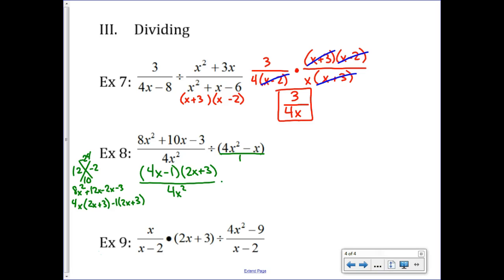Now remember, I'm flipping over the fraction, so I have 1 over. I can take an x out of this, and I have 4x minus 1 in the denominator. So my 4x minus 1s will cancel, and that looks like that's it for what I can take out.